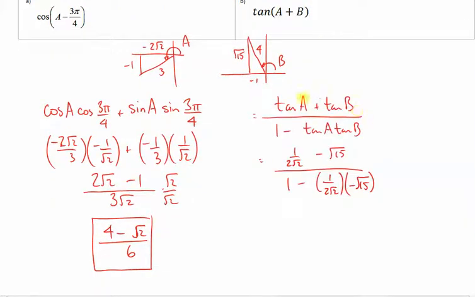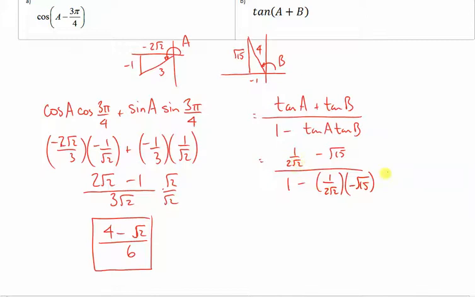Okay, this is the identity for tangent with a plus, tan A plus tan B over 1 minus tan A tan B. Tan A is 1 over 2 root 2, tan B is root 15, and it is minus, so I'm adding a negative or subtracting.